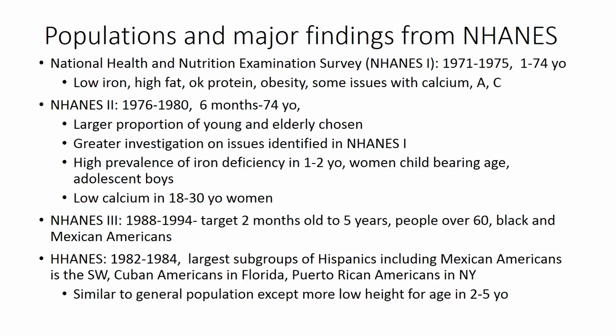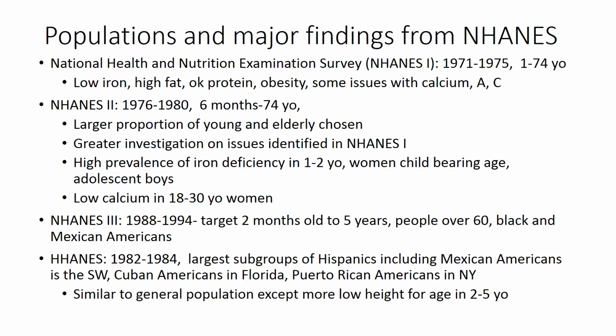NHANES 3 changed a little bit. We started going even younger, as early as 2 months, with a special emphasis on younger children. Also looking more carefully at our elderly population, especially starting at age 60, and now sampling minorities in our country who might be more at risk.